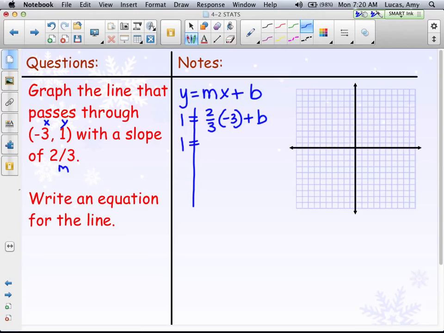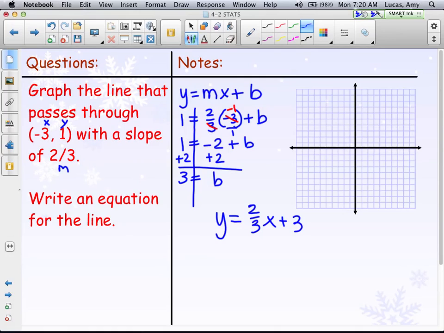If I put a 1 under this, I can cross cancel these. So 1 equals -2 plus b. Add 2 to get rid of the -2. 3 equals b. So my equation is y = 2/3 x + 3. Start out at +3. Rise 2, run 3. Draw my line.